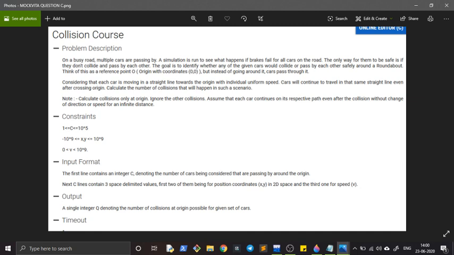The first line of input contains C, the total number of cars, and the next C lines will have three space delimited values: the x coordinate, the y coordinate, and the velocity v. So if we have the x and y coordinates, and we also have the origin, that is 0, 0, we can easily find the distance between the car and the origin.